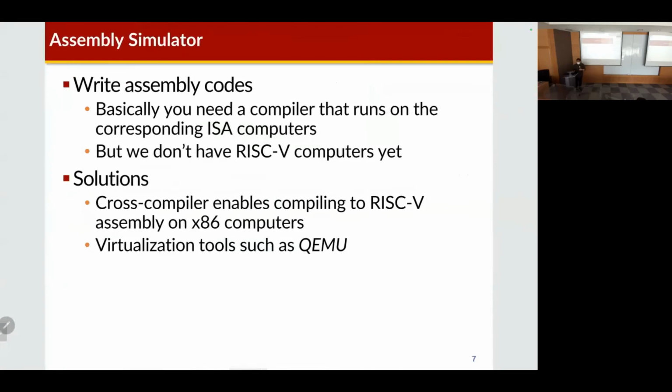These processors cannot execute RISC-V assembly code, so if we can emulate the result of the RISC-V instructions in software, then we can execute the assembly code. So an assembly simulator for RISC-V supports the execution of assembly code in the RISC-V ISA.